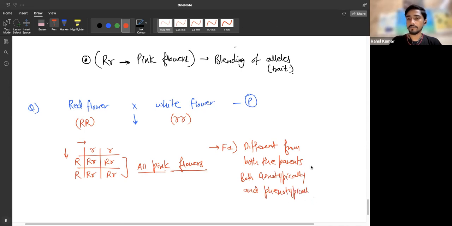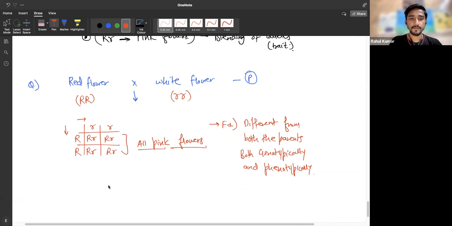In normal law, by following the law of dominance, the F1 progenies were different from the parents, but only genotypically. Phenotypically, it was similar to one parent, the dominant parent, which was tall. Here, it is different from both the parents, both genotypically and phenotypically.